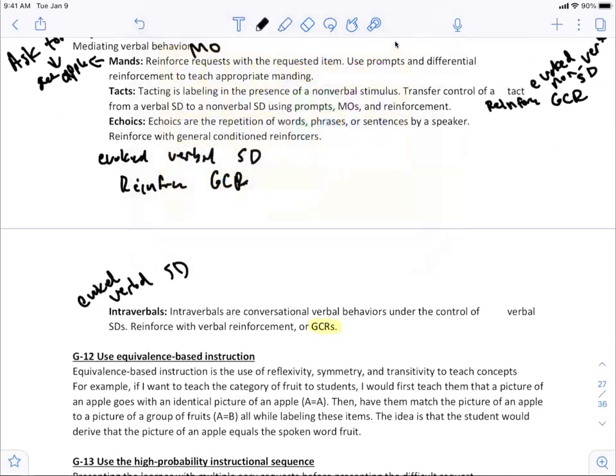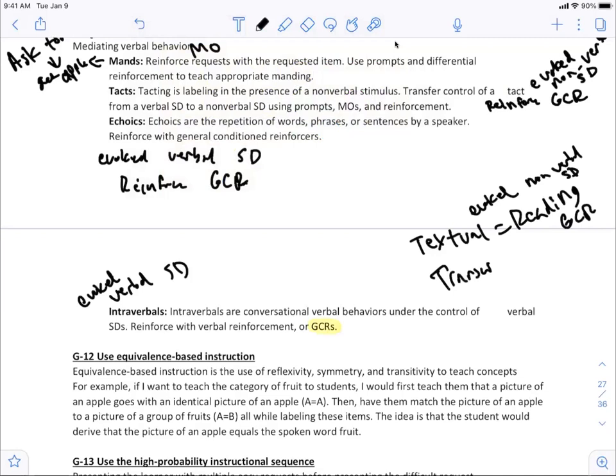Okay, you also have your textuals. Reading, GCR, evoked by a nonverbal SD, and then transcription, writing what you see. Okay, GCR.